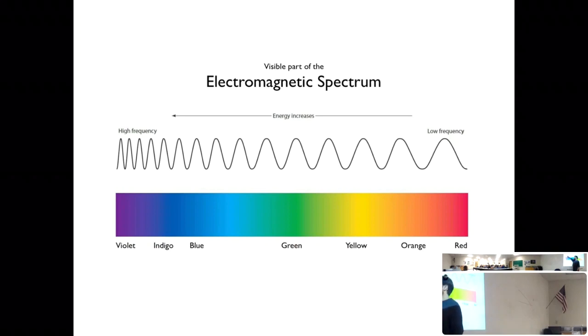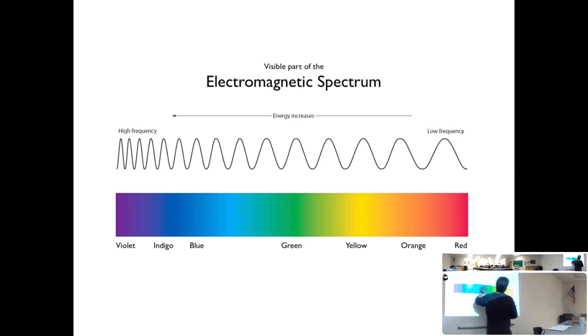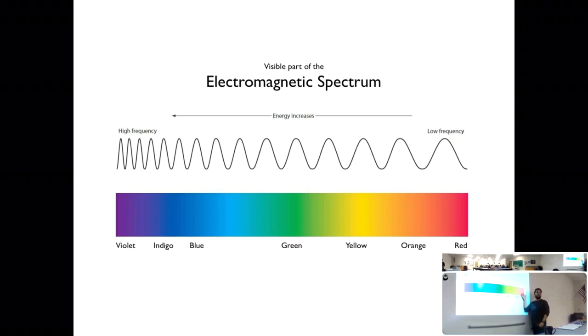At the blue end, the blue, indigo, ultraviolet end, you have a higher frequency and a shorter wavelength. Do you see how the waves are kind of jammed up closer together? Then you have a longer wavelength when you go over to the red. So red is actually lower energy light.